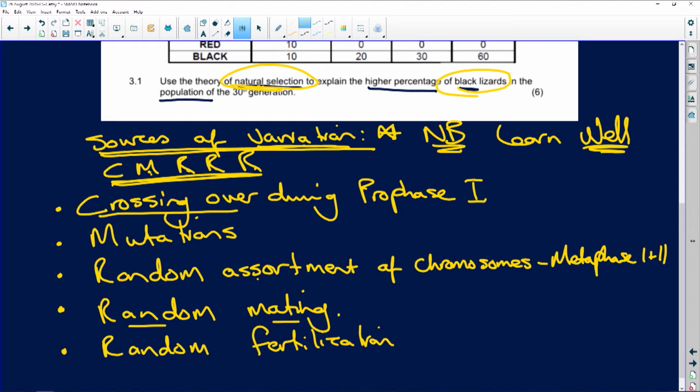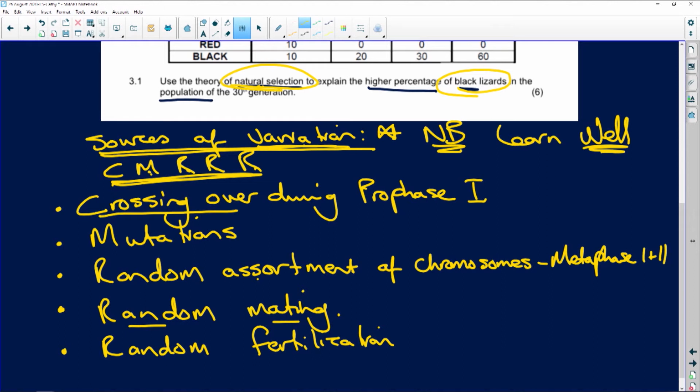Remember, out of the 4 gametes in the female, 1 becomes the ovum. It could be anyone that becomes the ovum, but 1 becomes the ovum, the other 3 are the polar bodies that simply get absorbed. And in your males, you've got millions of little sperm cells that float around. So those are your sources of variation.